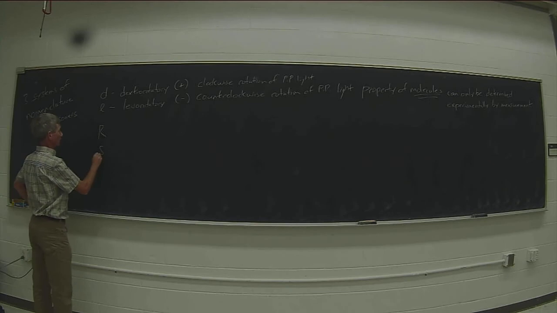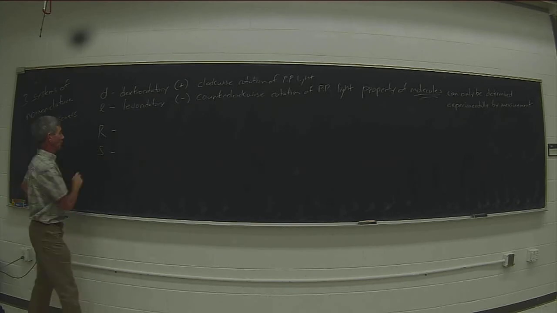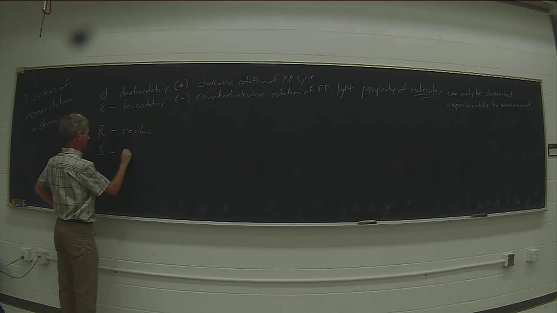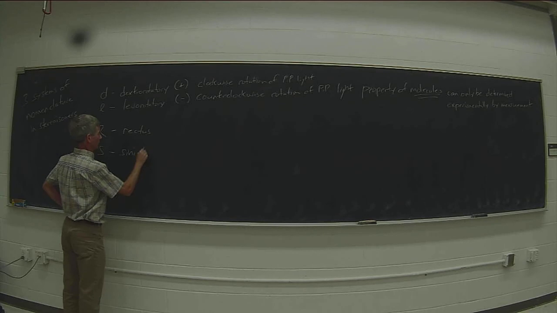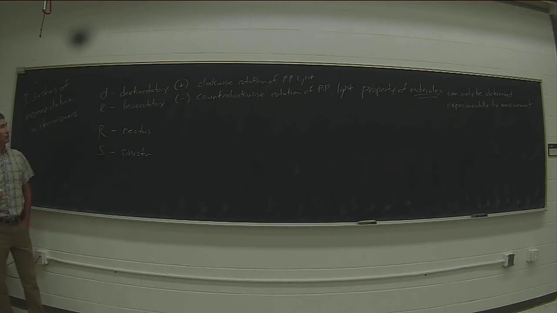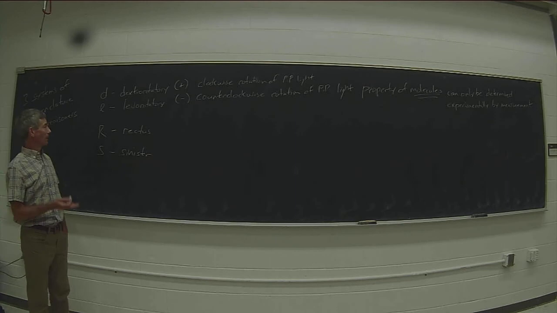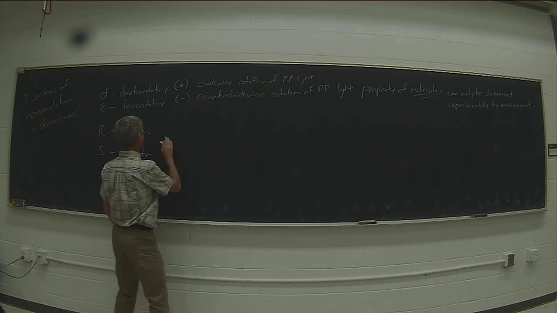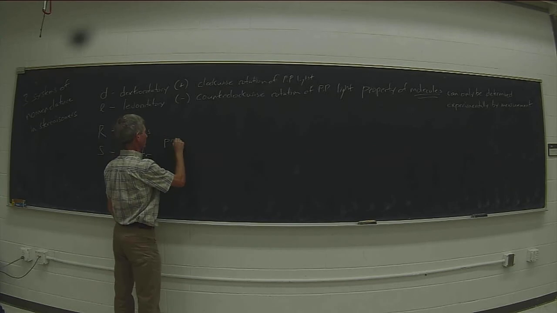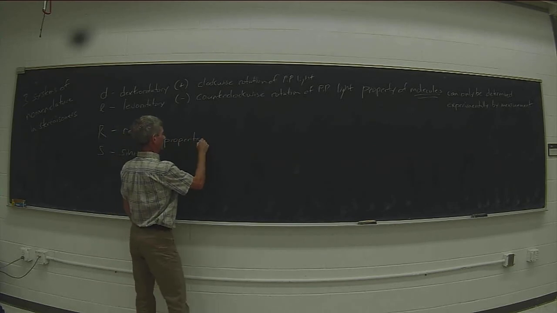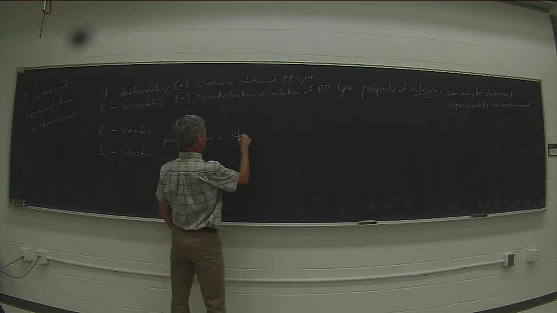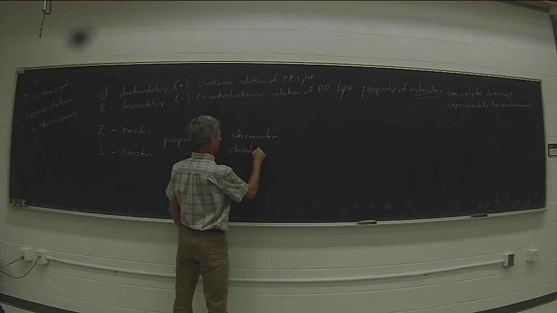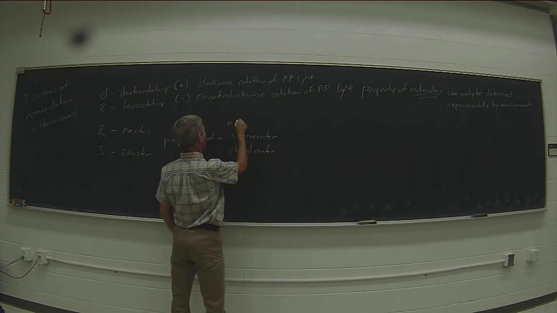The second is R and S, capital R and capital S, where R stands for rectus and S stands for sinister. And these don't refer to an actual rotation of a plane polarized light, but they are properties of a stereocenter or chiral center or asymmetric carbon.